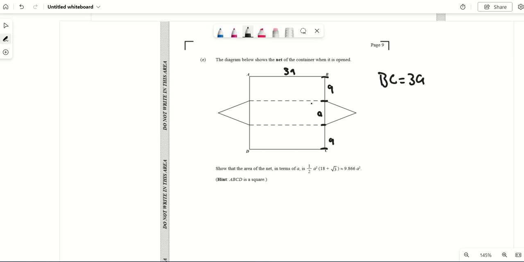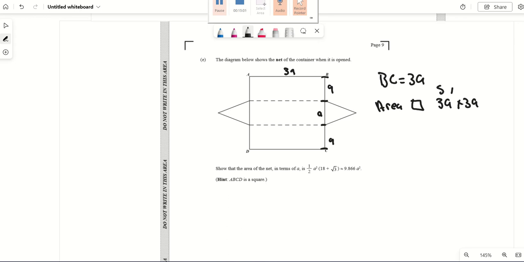Right? Then we know, so we can find the area of your square. So area of your square, ABCD, would be side times side, which is 3E multiplied by 3E, which is 9E squared.